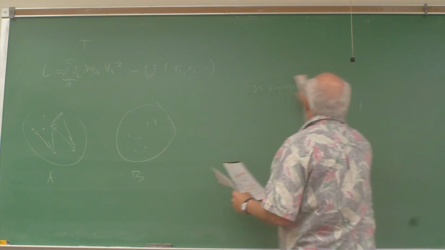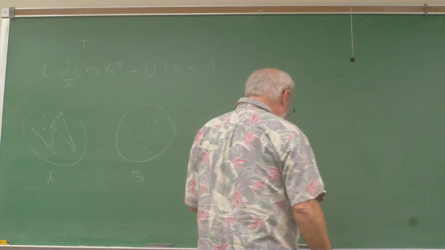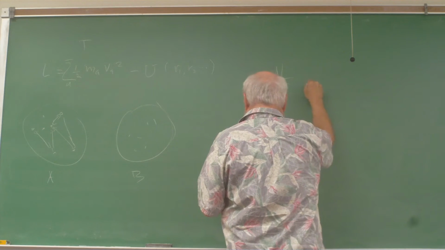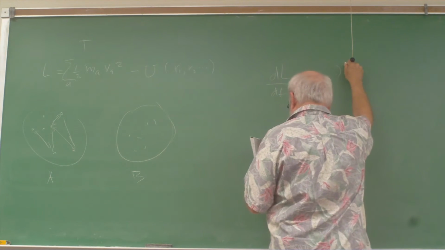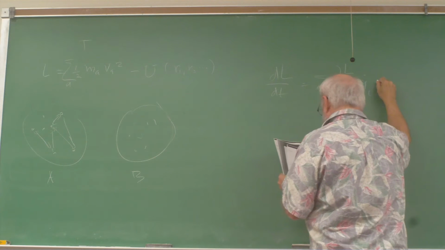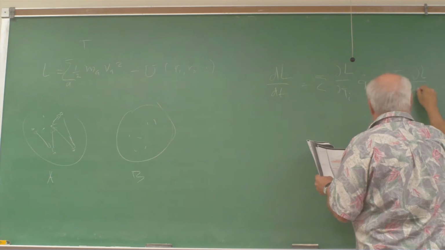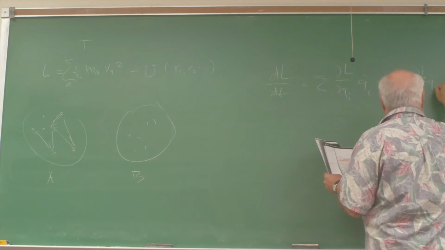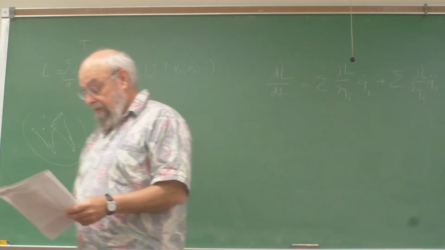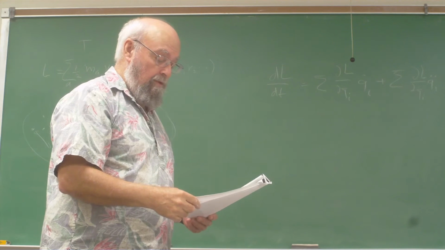So here, from the homogeneity of time, we can write down that dL/dt is equal to the sum of ∂L/∂qi times qi dot, plus the sum of ∂L/∂qi dot times qi double dot, assuming that things are only a function of qi and qi dot.